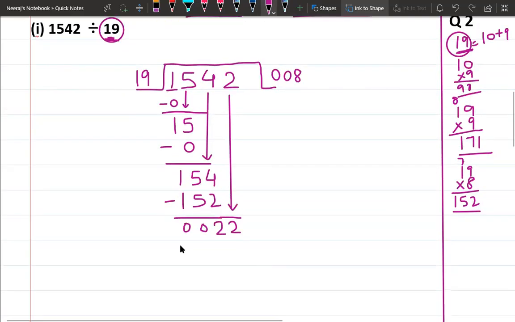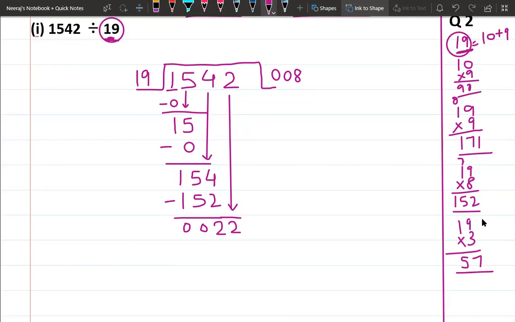Now we will divide 22 by 19. So if you multiply by 3, 19 threes are 57. If you multiply by 2, you know that 19 twos are 38.